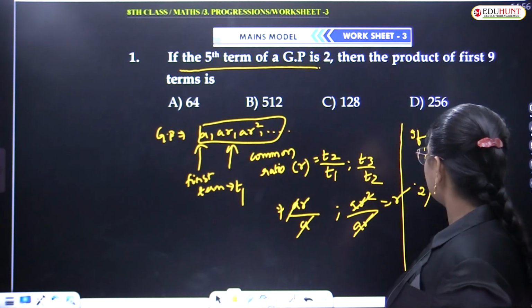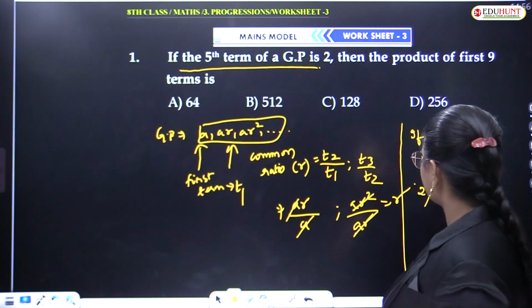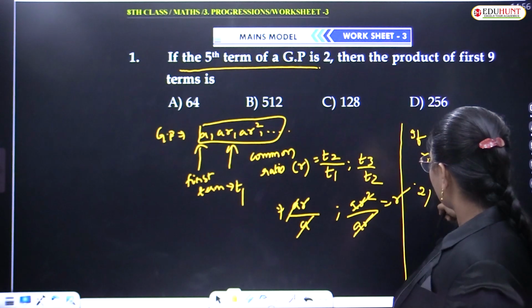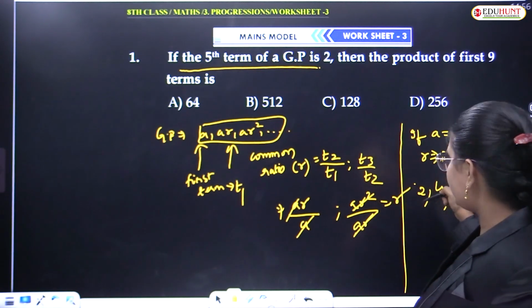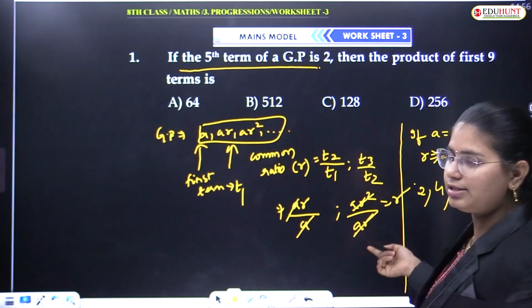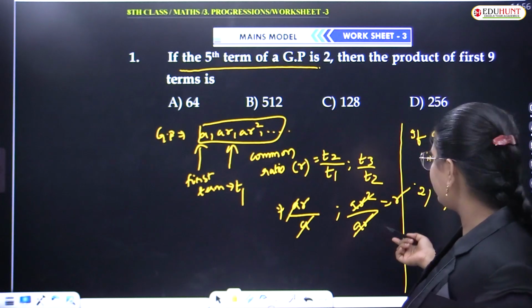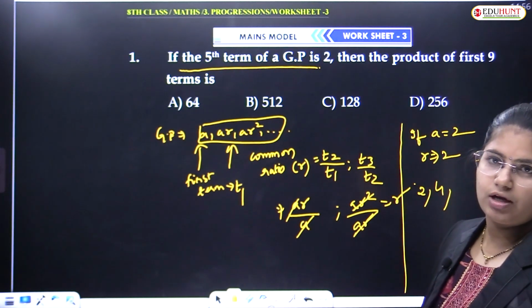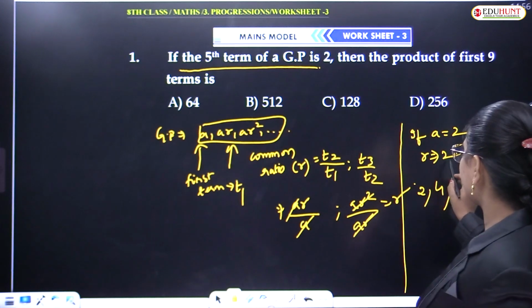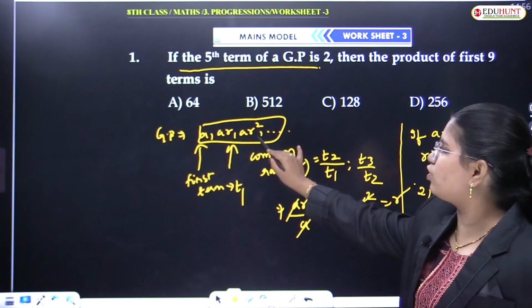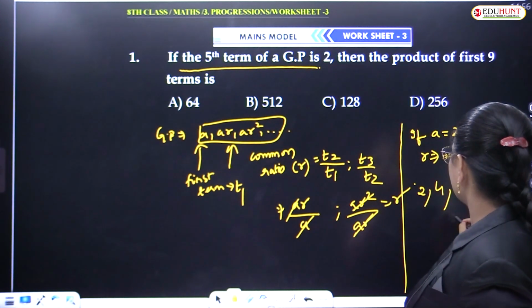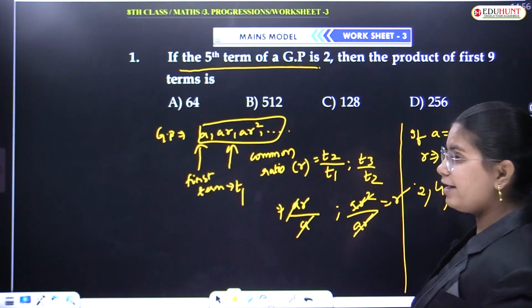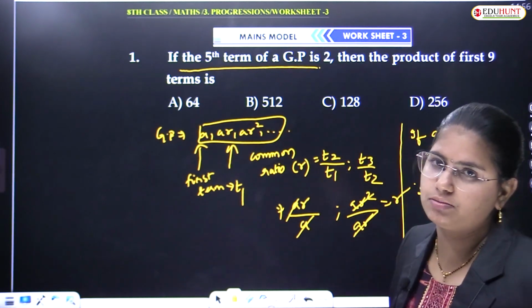The first term is a, which is 2. The second term is 2 into 2, which is 4. The third term, r is 2 square, so this will become 8. 4 into 2 is 8. 2 square, 2 cube, like that it will become. Understood? 2 2s are 4, 4 2s are 8, 8 2s are 16, like that it will become.